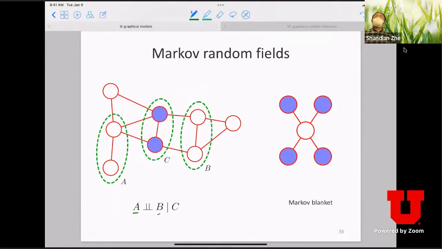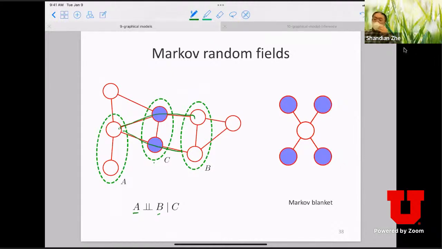We don't need to consider heads-to-heads or tails-to-head, where the definition of blockage is different in different cases. Here we just look at whether these nodes in C block the paths from any node in A to any node in B. This will be a lot easier for testing conditional independence.